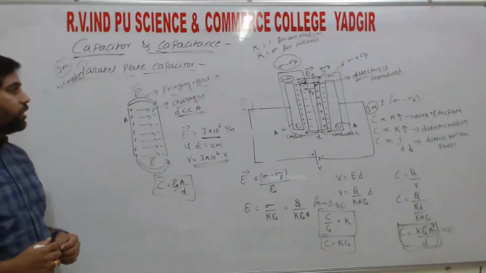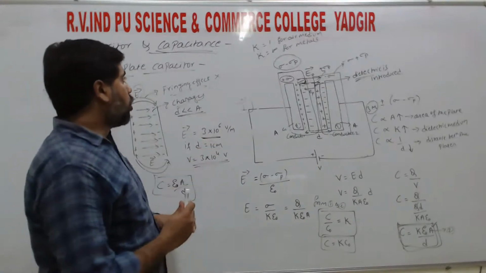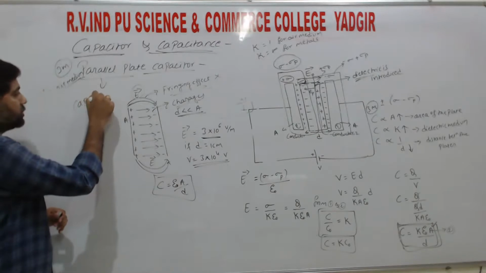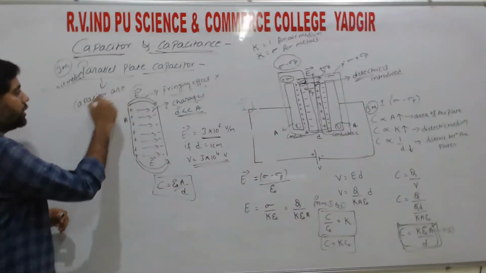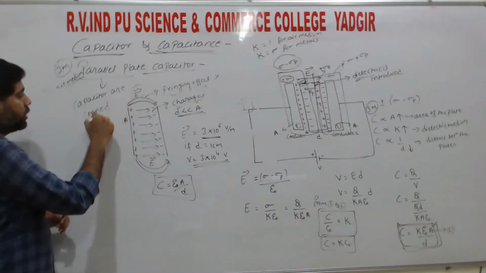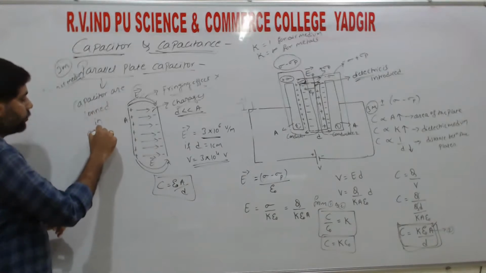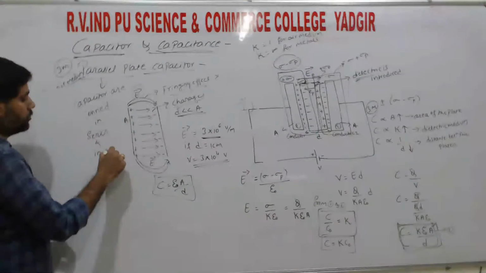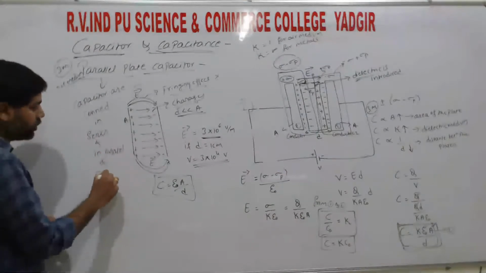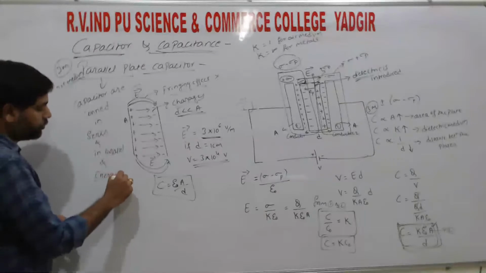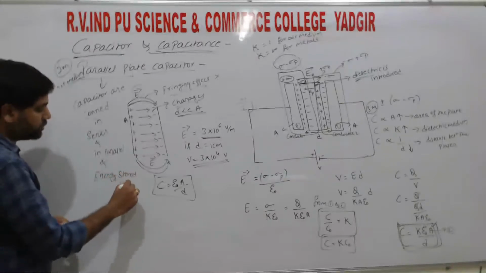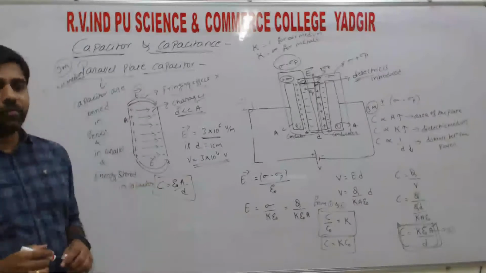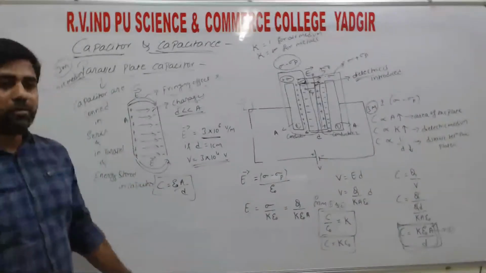In the next class we will discuss some combinations of capacitors, when capacitors are connected in series and in parallel, and also energy stored in a capacitor, right? By this we can complete the chapter, right?